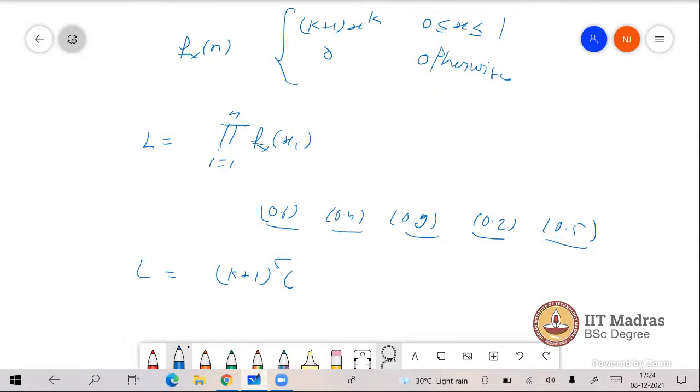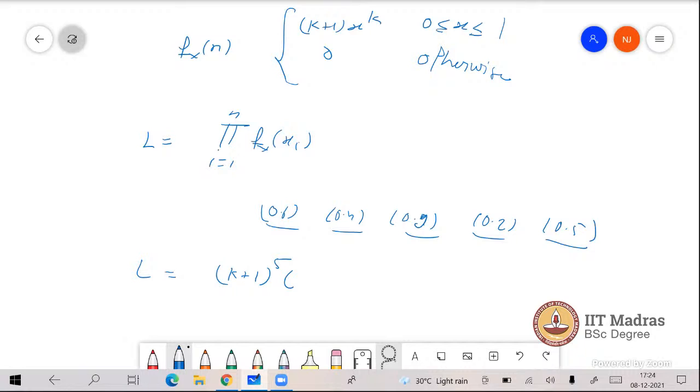Yes, sir. Not only the product: 0.6 to the power k, into 0.4 to the power k, and so on.